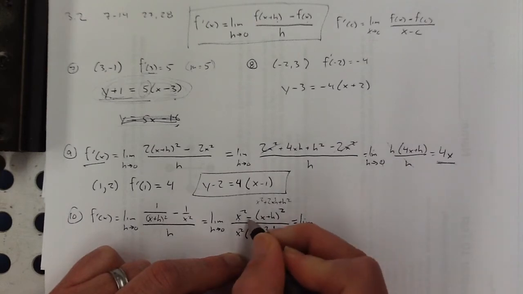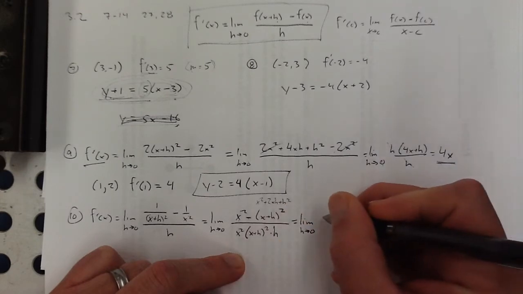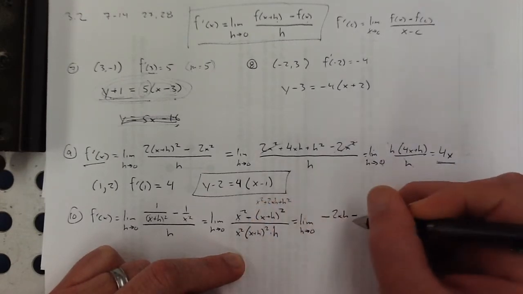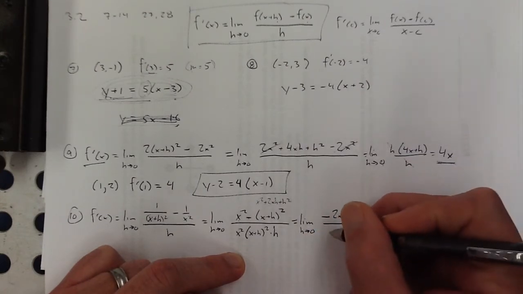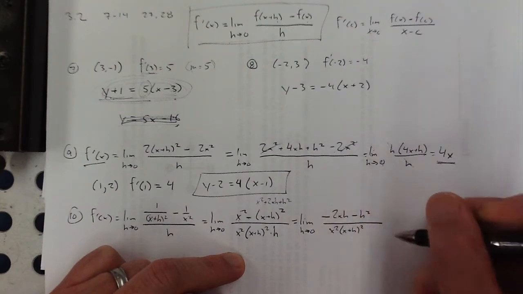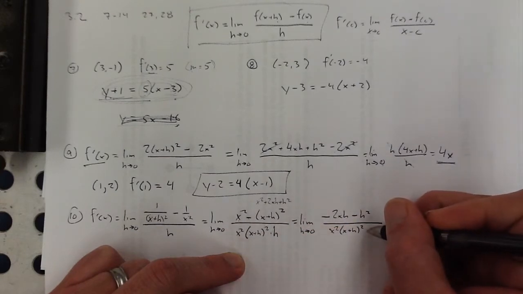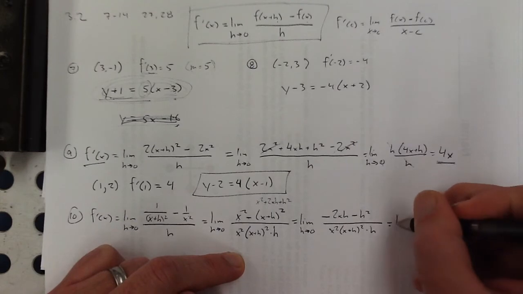I'm not going to make that rookie mistake where you forget to distribute the minus sign through here. So it's going to be minus 2xh minus h squared over x squared. I'm not going to distribute any of this stuff because I'd have to FOIL that out first anyway, because I know that I want things in factored form. That's better.